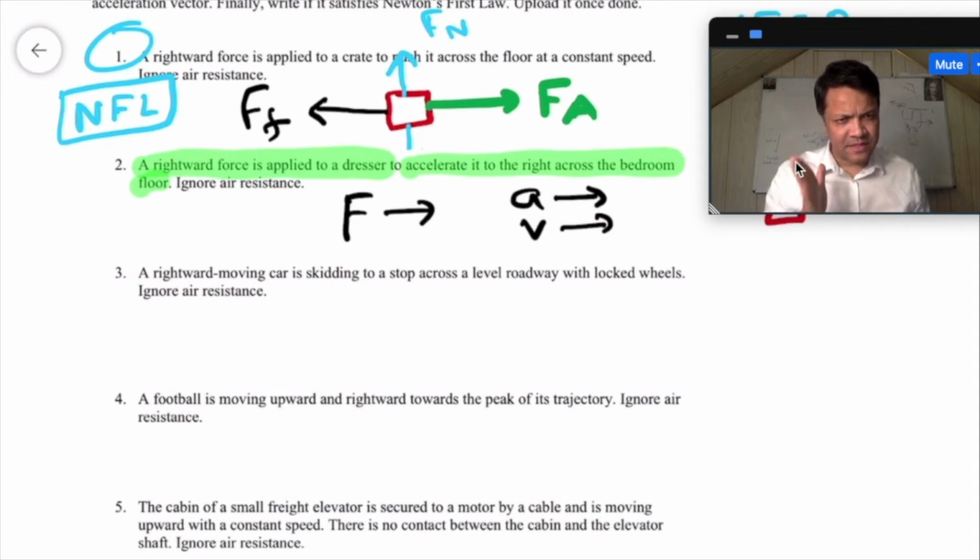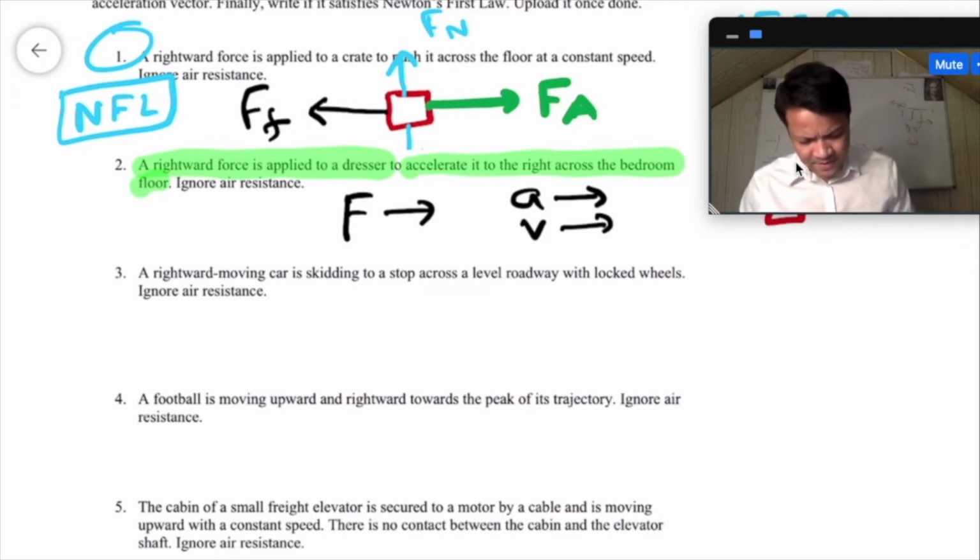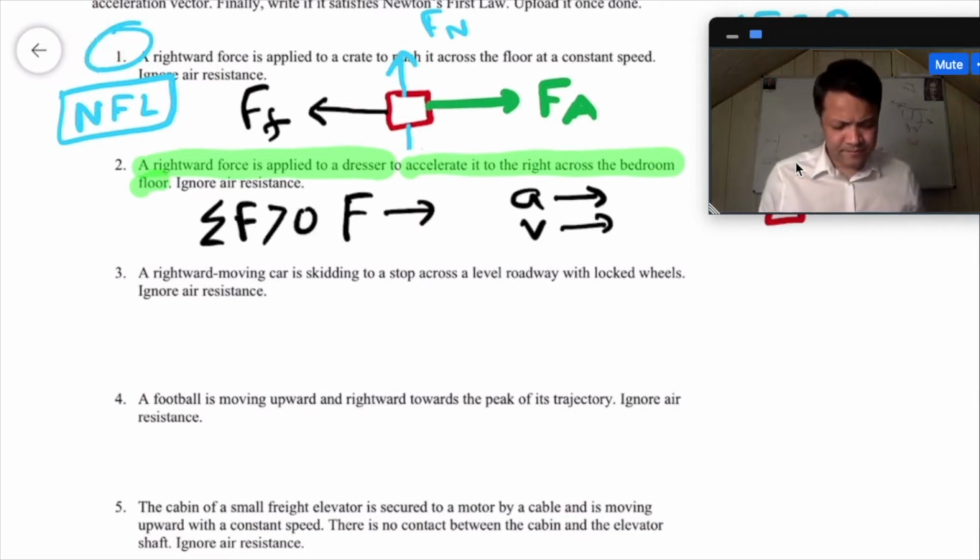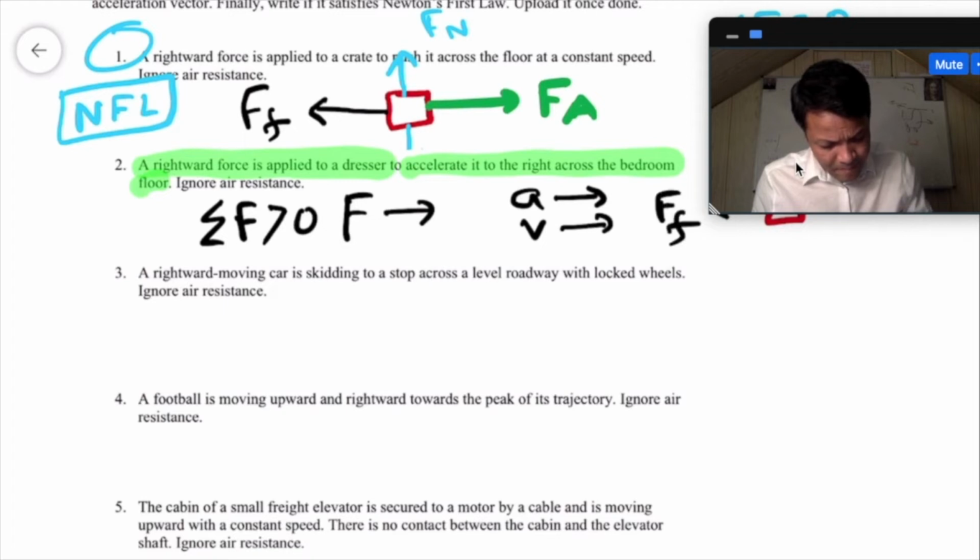Acceleration and force are in the same direction. So then there is a net force. Then this one must be smaller. Then this must be Newton's second law.